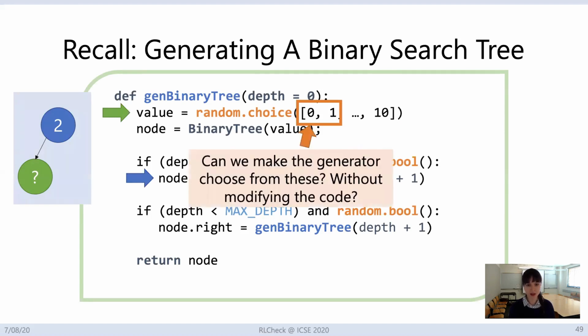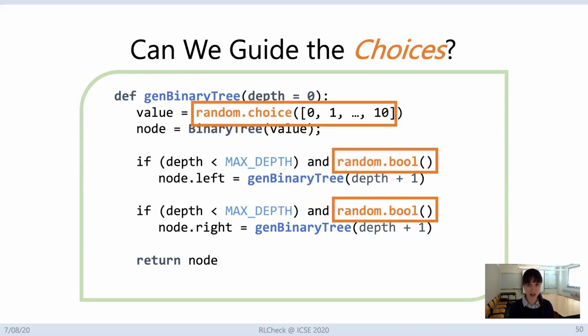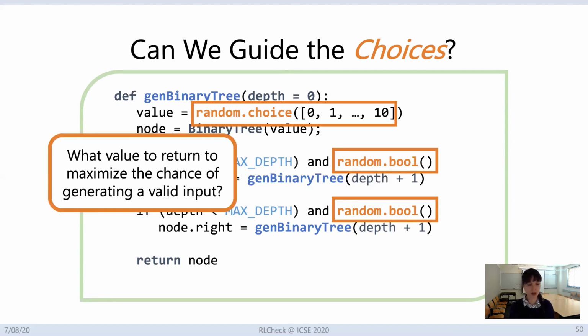And what we want to do with RLCheck is make sure the generator always chooses 0 and 1 in this case, without having to modify the code. So effectively, what we just need to do here in RLCheck is guide these random choices so that they always return values that maximize the chance of generating a valid input.